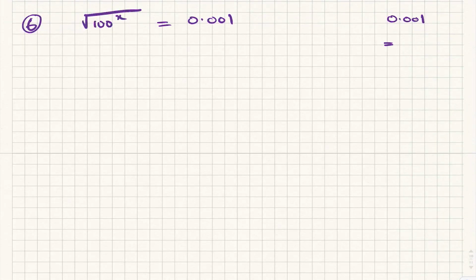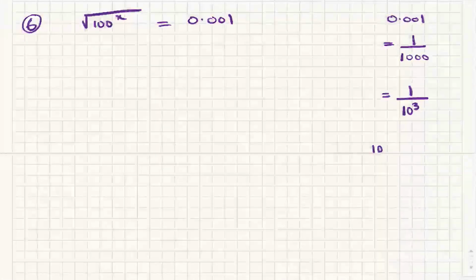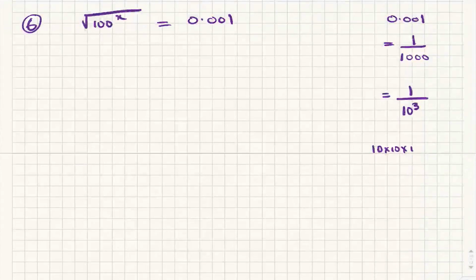0.001 is actually 1 over 1,000. And therefore that will become 1 over 10 to the power of 3, because 1,000 is 10 times 10 times 10.